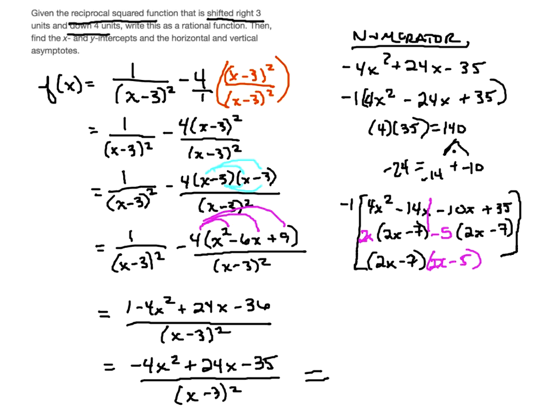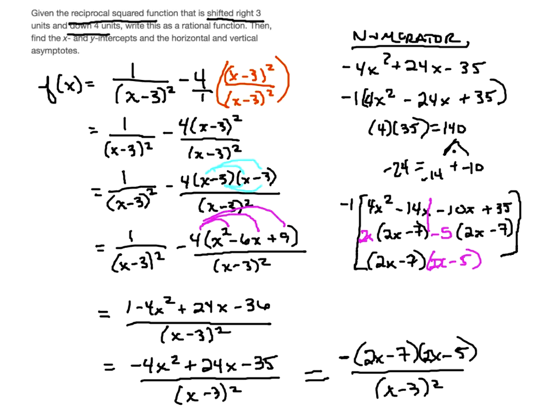So these are the same things. This is the same thing as negative 2x minus 7 times 2x minus 5 over x minus 3 squared.